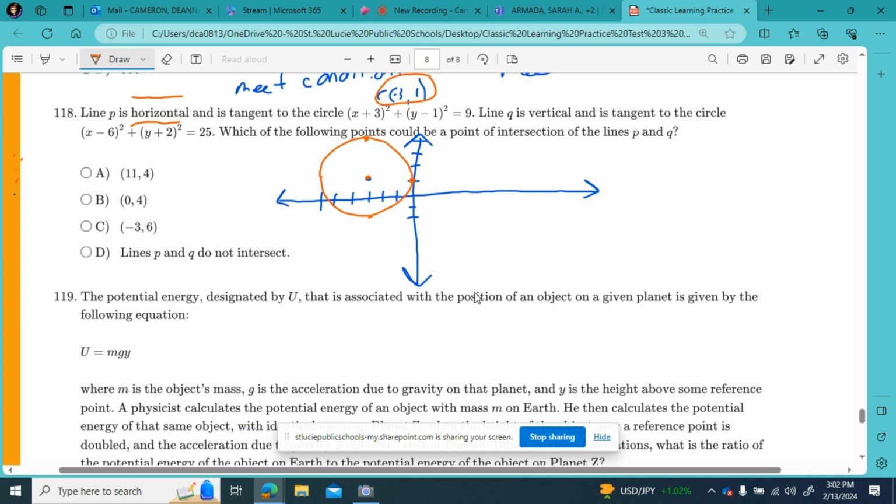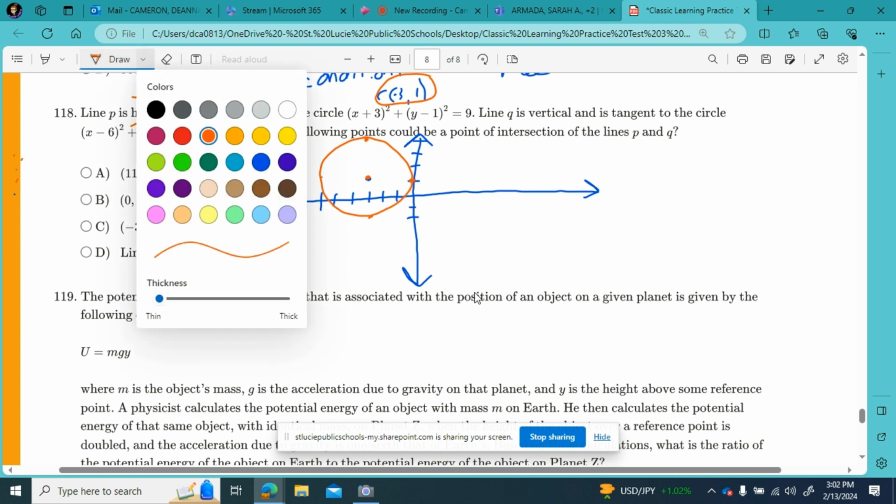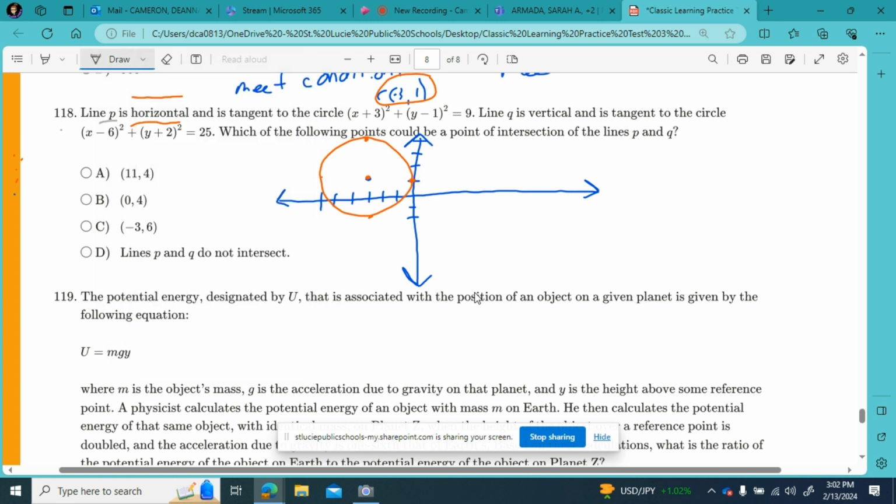So that means that line P, we'll make it gray, could be a horizontal line here at y equals -2, or up here where y equals 1, 2, 3, 4. Either y equals 4 or y equals -2.